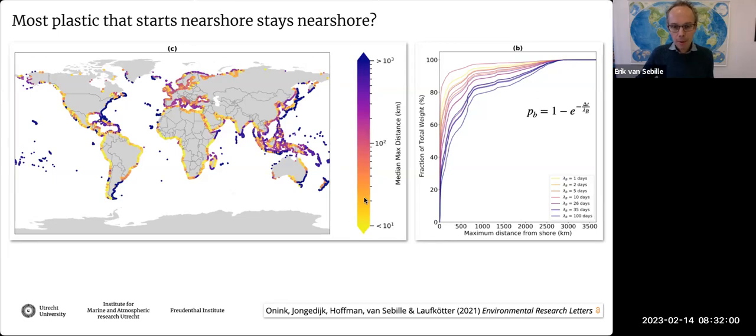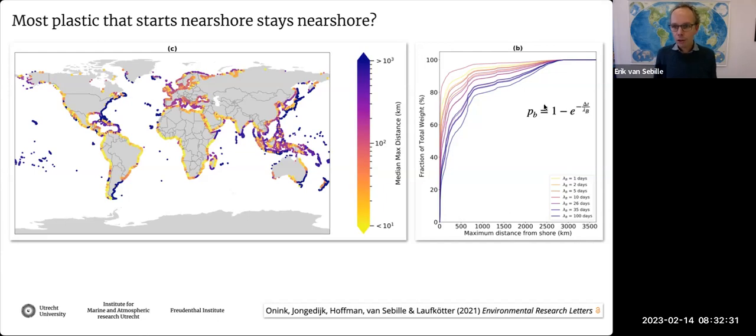It's a bit complicated. Blue is very far, and that of course is the case for all the islands in the Pacific, because it's very easy there to go very far away. But yellow is very close by. What you see is that for a lot of coastlines, much of the plastic doesn't get much further than say 10 kilometers to maybe 100 kilometers in 5 years' time. This plastic just stays nearshore for a very long time.